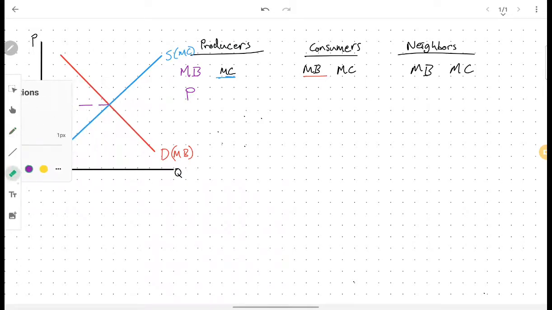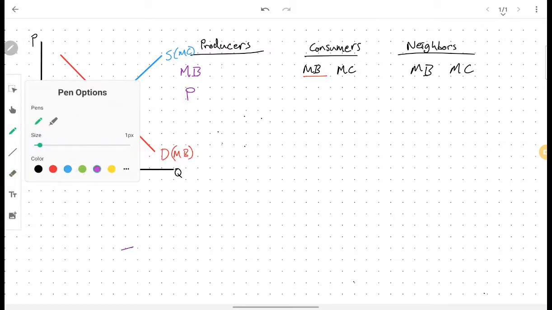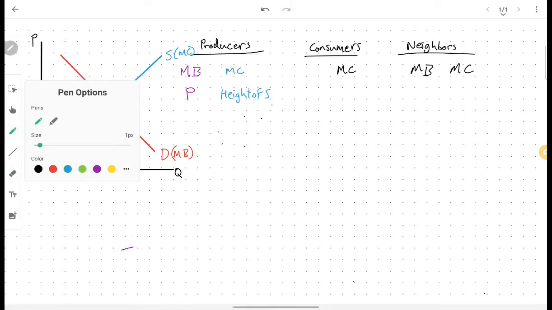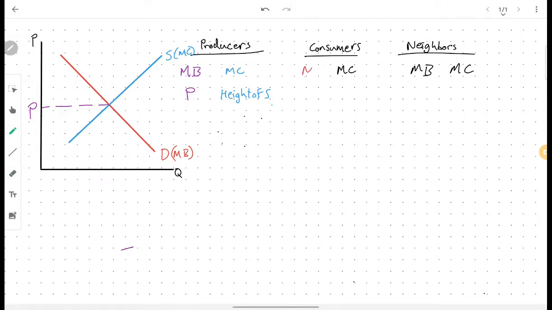And the marginal cost to producers, we already know, is the height of the supply curve. So this is the height of the supply curve, right? And we know that the marginal benefit to the consumers is the height of the demand curve.